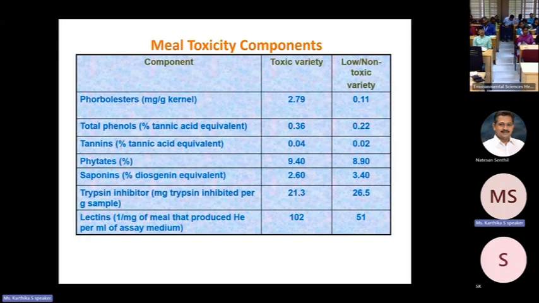See, these are all the different components of toxicity, but in the low or non-toxic variety, when you look into that, the phorbol esters are in very low concentration. We were not even able to detect them. I worked with that fellow. He came through that fellowship. We worked together. Then we came to that. We were surprised. We used HPLC, very optimized HPLC.